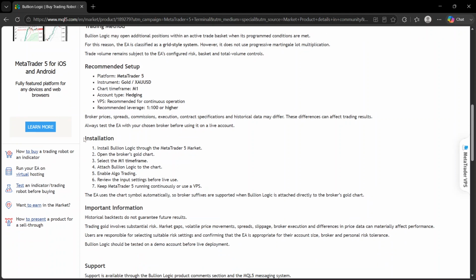Now, if you are looking at how to install it, you can install it directly through the MetaTrader 5 market. Then open the broker's gold chart, select the M1 time frame, attach it to the chart, and enable algo trading. I'll show you how I did that. I'll show you my backtest results.